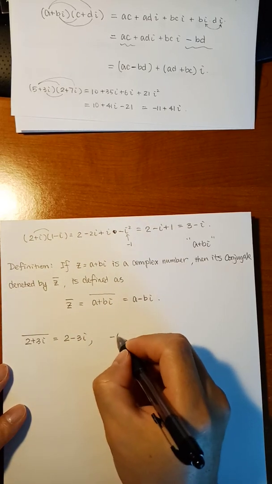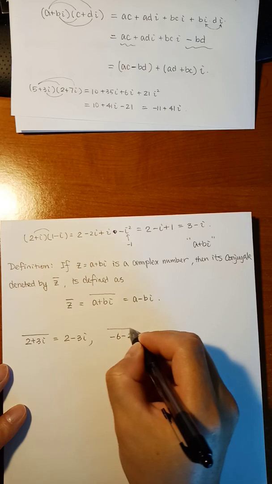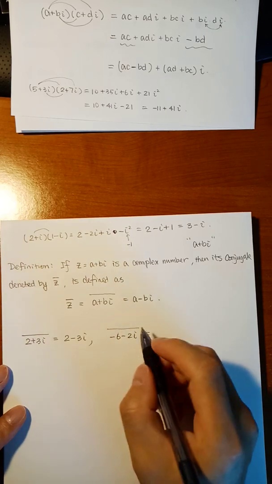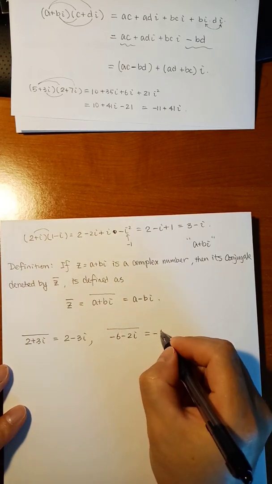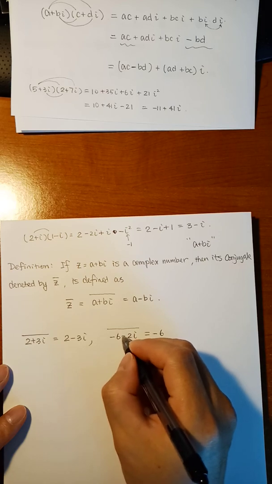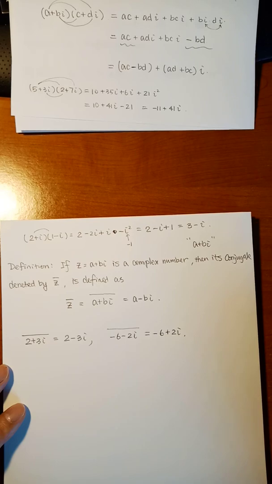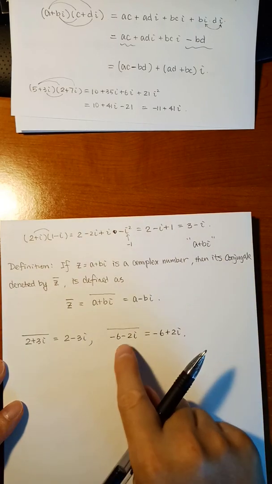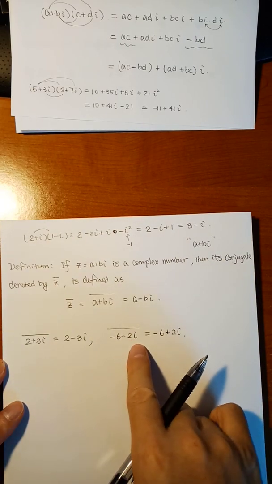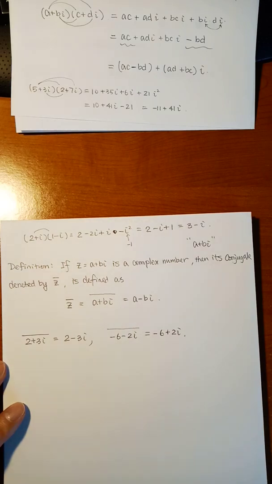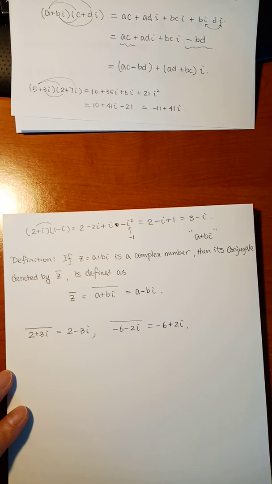Or if you have negative 6 minus 2i, the conjugate: remember, the real part, we always copy it. The imaginary part, originally negative, you change it, it becomes positive. You just change the sign in front of the bi part.